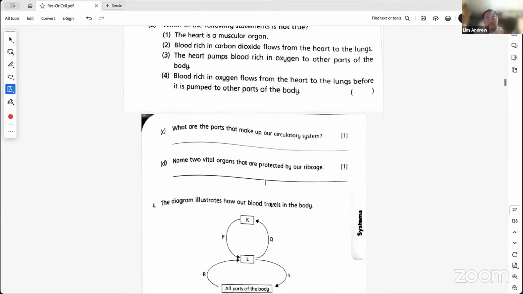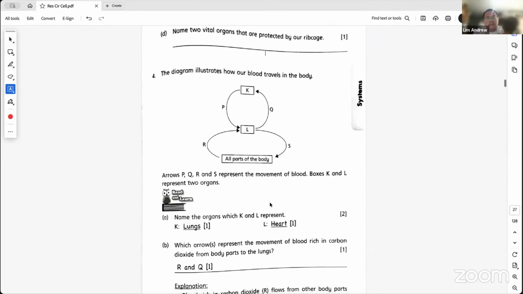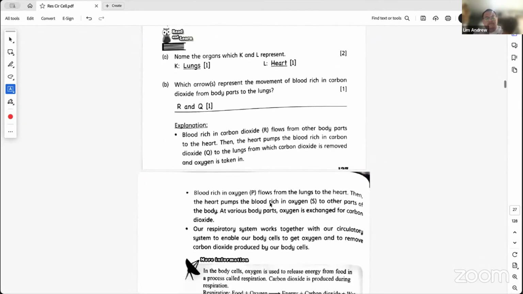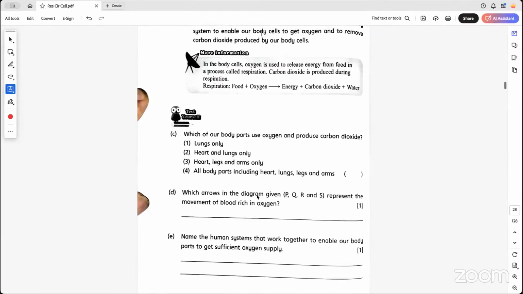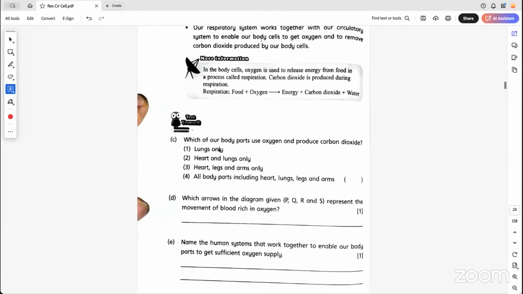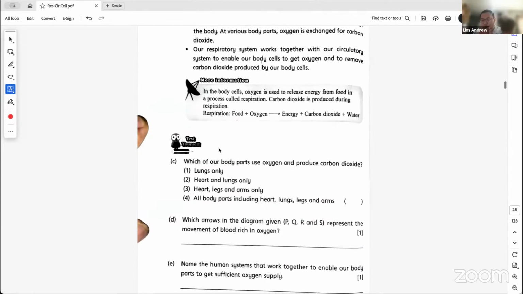I'll just skip these two. Okay, C. Which of our body parts use oxygen and produce carbon dioxide? Answer?